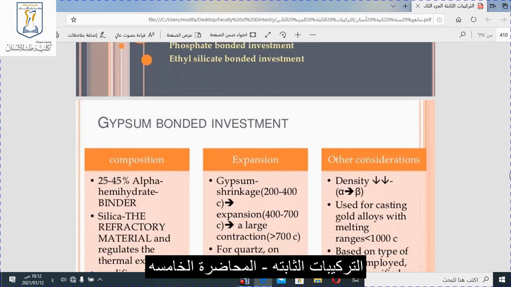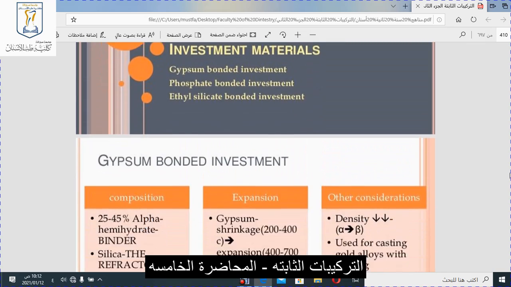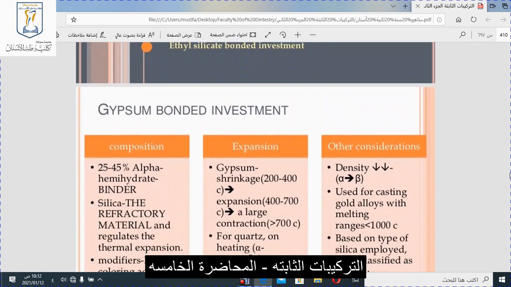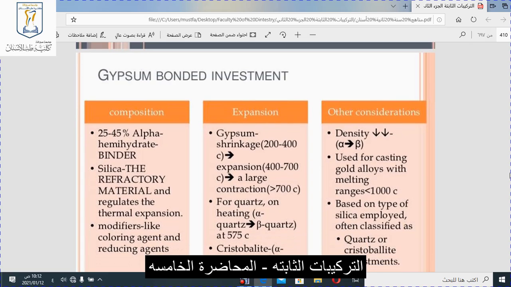In case of gypsum bonded investment, the composition is a binder and a refractory material. The binder is composed of calcium sulfate hemihydrate, which is produced in industry from dihydrate by heating in an open vessel or flame.